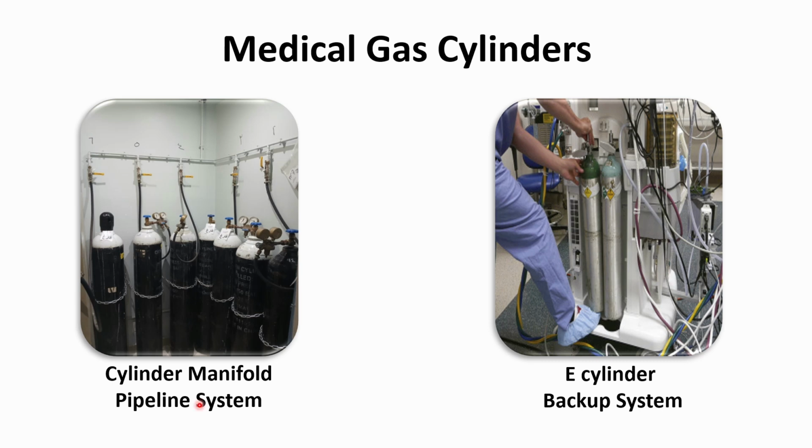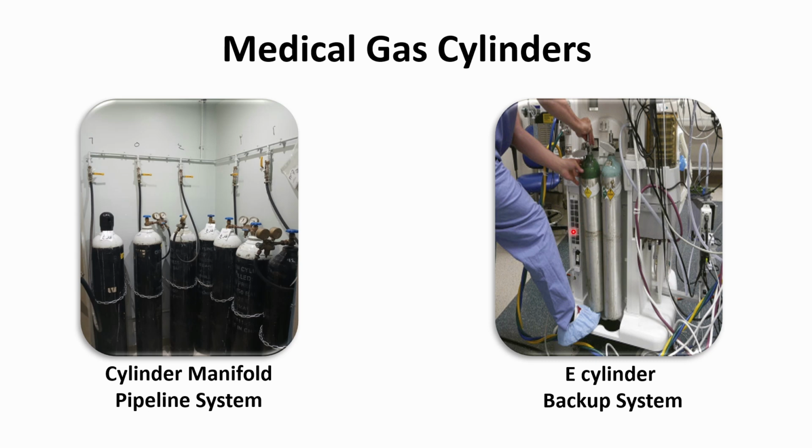These cylinders in the manifold are size H cylinders, and they use the DISS safety system, diameter index safety system, unlike these cylinders which are connected at the back of the anesthesia machine, which use the pin index safety system.